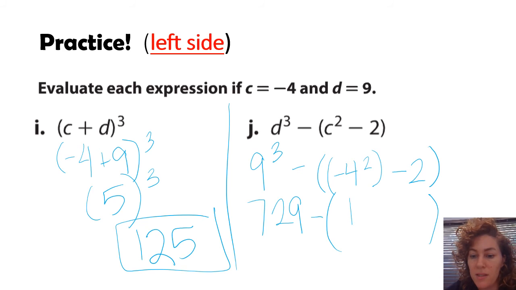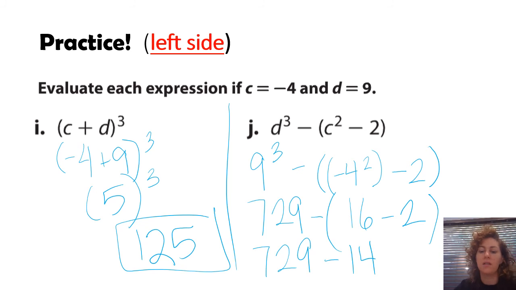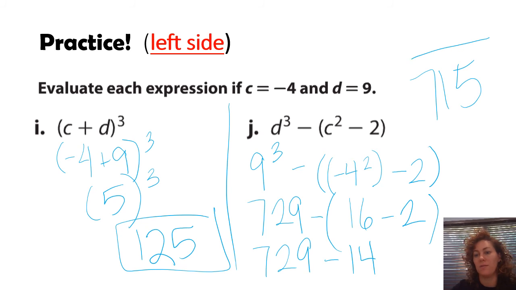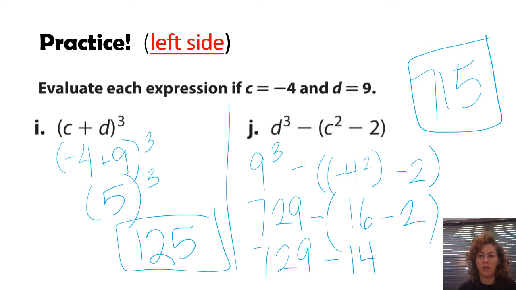Negative 4 squared would be 16 minus 2, which would be 14. So I have 729 minus 14. It's going to give me 715. So my answer for this problem is 715. Check your work, see what you did wrong. Give yourself a nice pat on the back if you did it right.